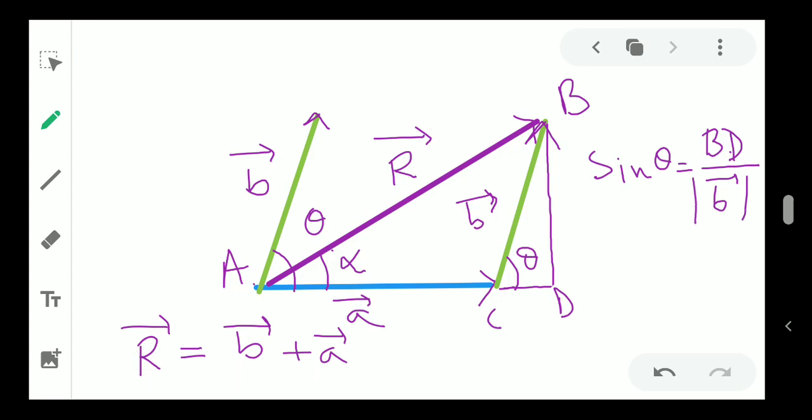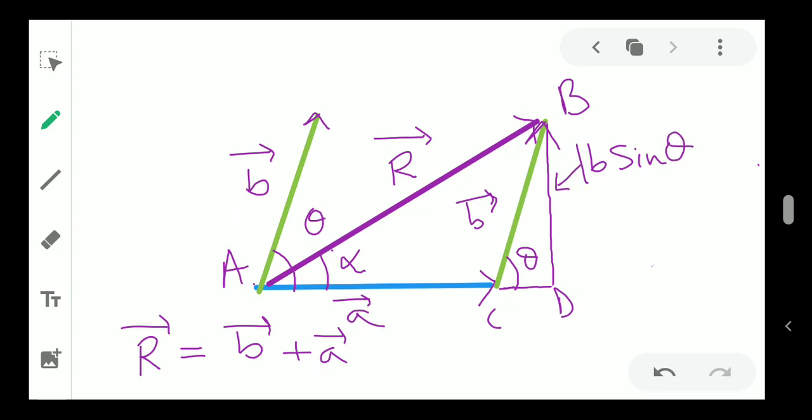I'm talking about value because the direction is already taken care of by theta. So I can write BD as B sine theta. Only the value I am taking.